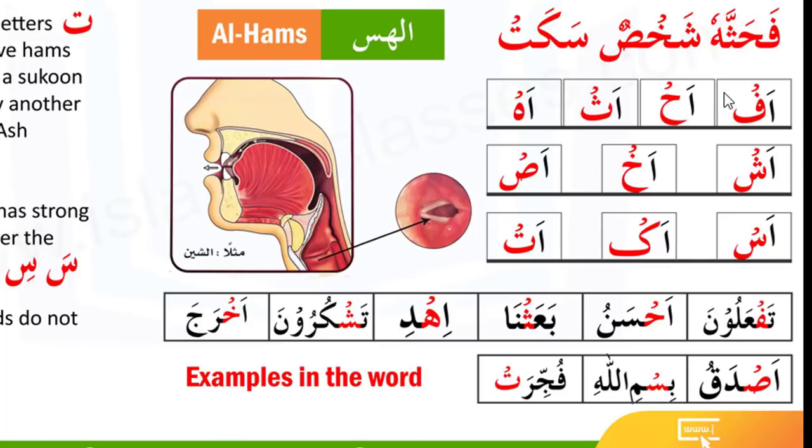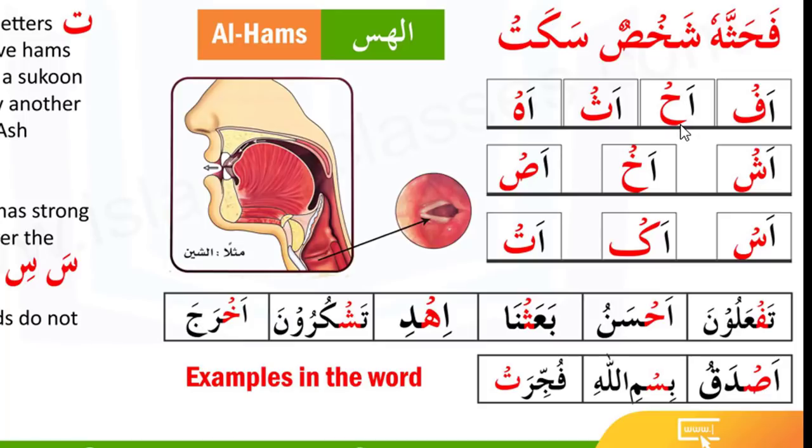The second is ah. And also one more thing, it is due to weakness in its origin, as ah is not too strong. No, it is weak in its origin when I add the al-hams quality.